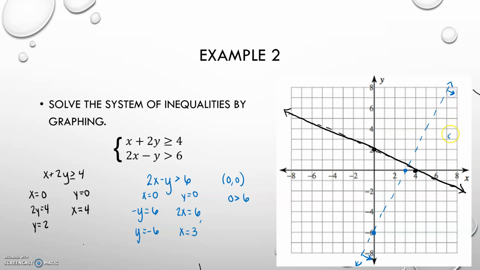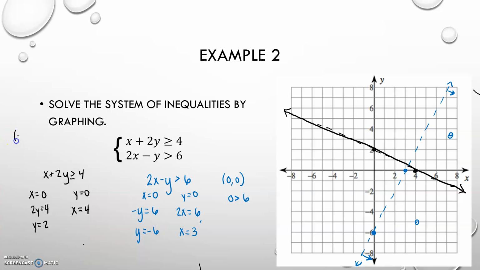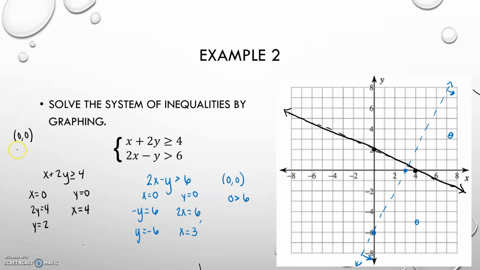So it's going to be either this section or this section. So 0, 0 is not an option for that either. So it will go this way, and I'll shade either this section or this section.